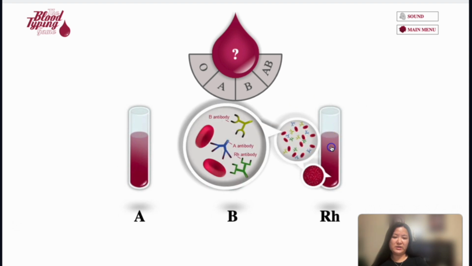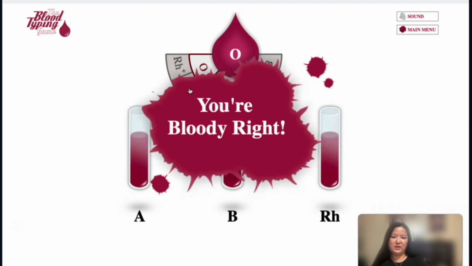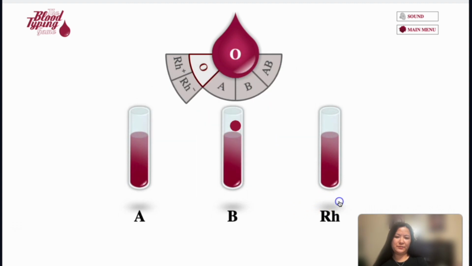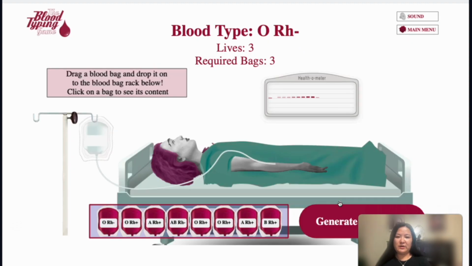It looks like the blood group is likely to be O, Rh negative. Okay, so I'm right. And then it will take us to a different scenario. So blood type O Rh negative, universal donor.